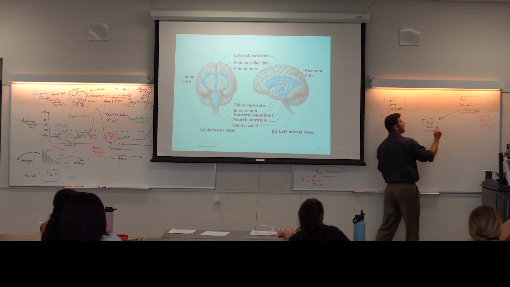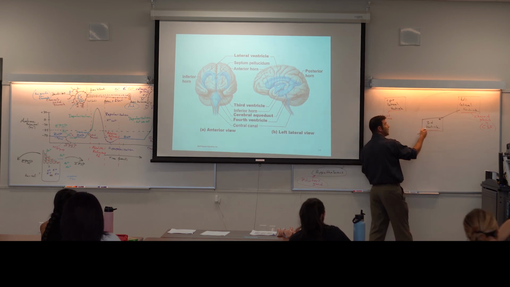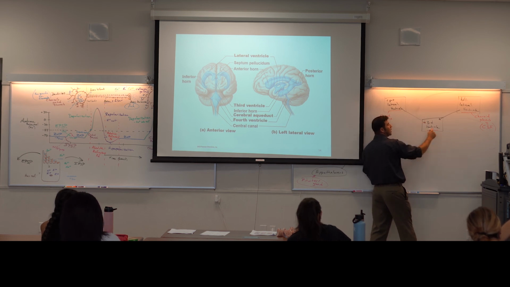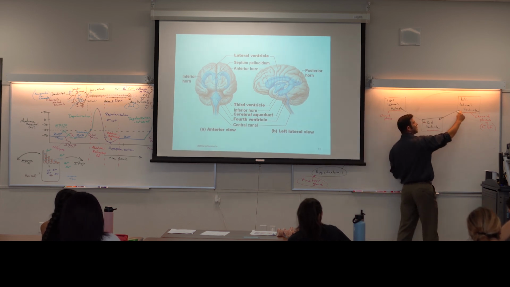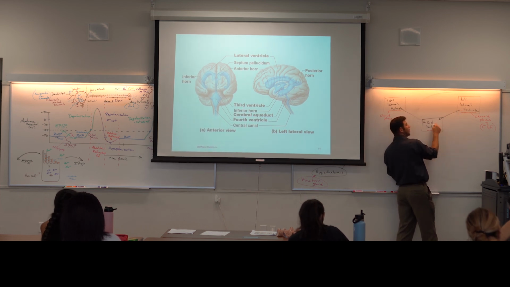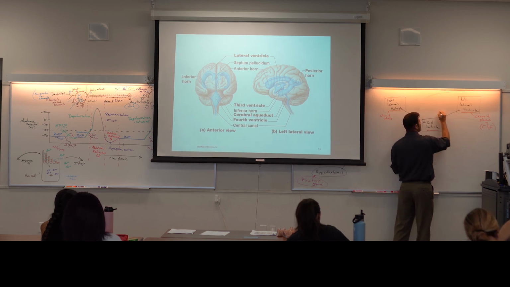So fluid from the left lateral ventricle can drain into the third ventricle. Fluid from this right lateral ventricle can drain into the third ventricle. These little passageways that connect the cerebral spinal fluid from a lateral ventricle to the third ventricle are called the interventricular foramen.